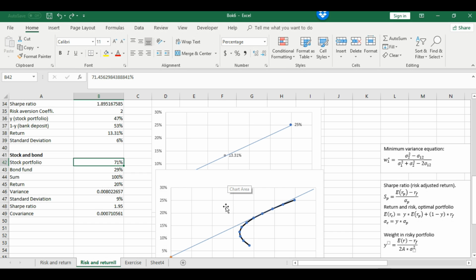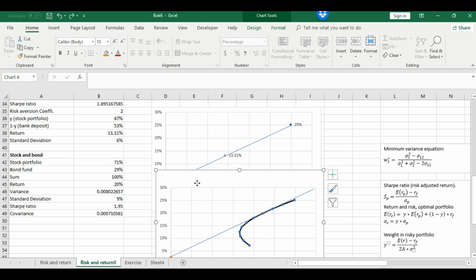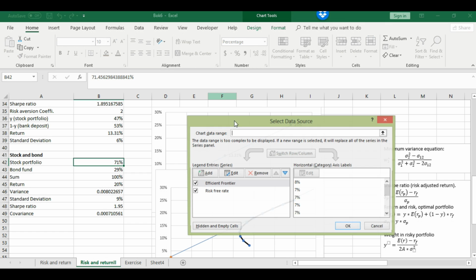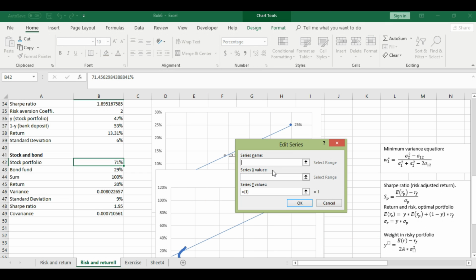Now we insert the result into our graph. So select data, add, stock and bond. The x value can be the standard deviation, y value is the return.